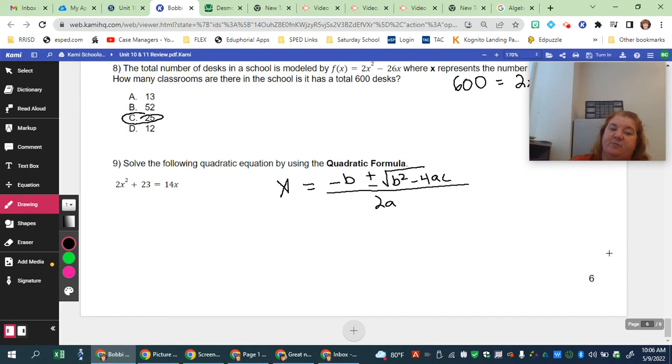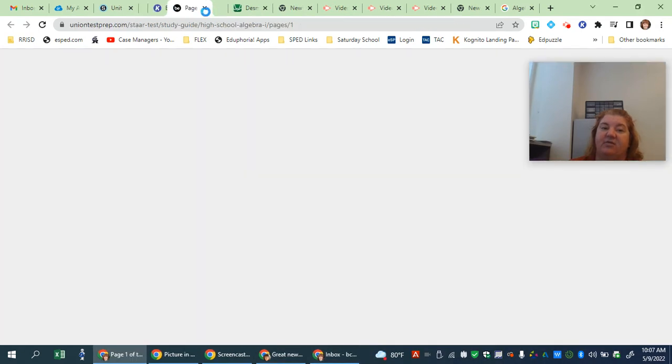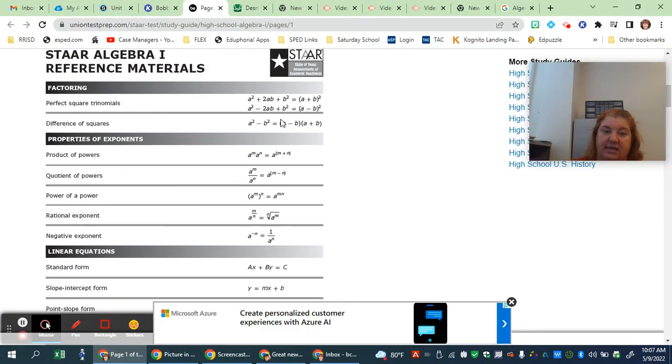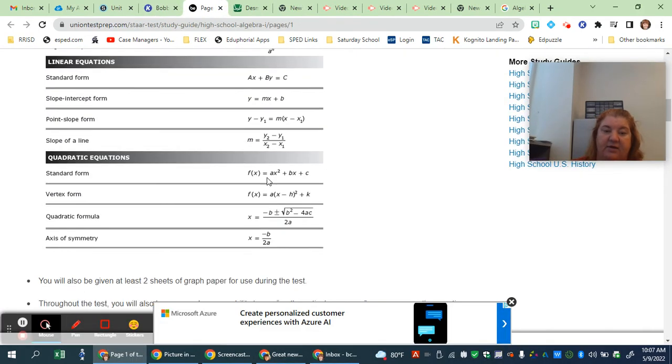Now, you first have to put this in standard form. So we're going to minus 14x on both sides. So 2x squared minus 14x plus 23 equals 0. Okay. This is your A. This is your B. This is your C. Again, that's something that it shows me on this formula chart. Right here.